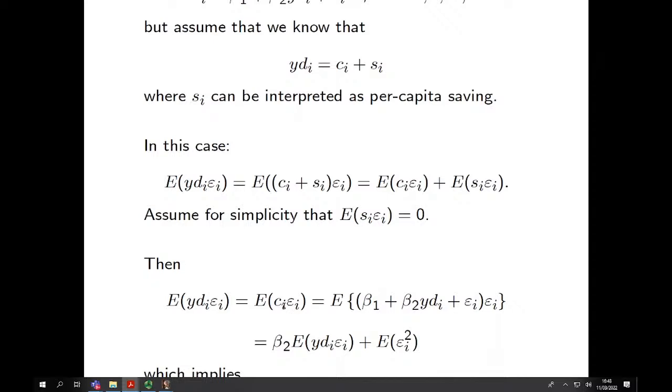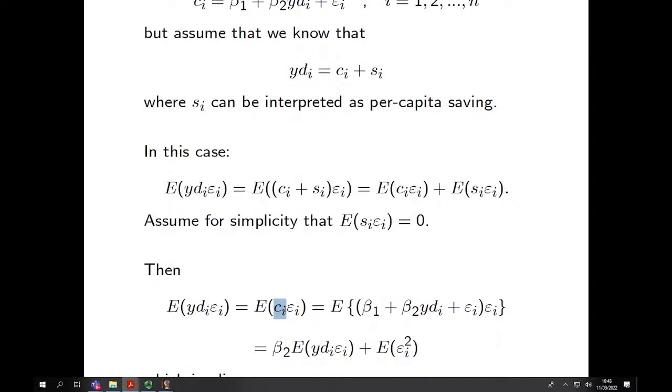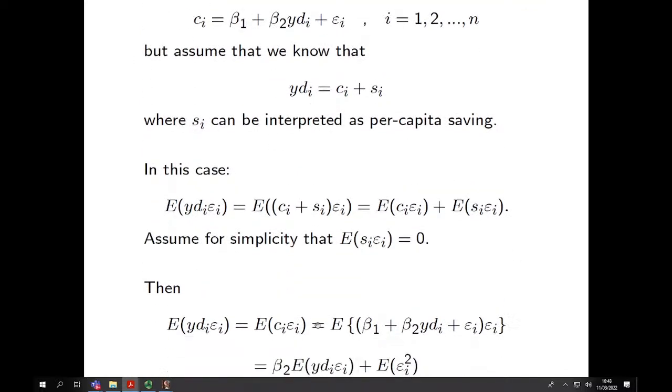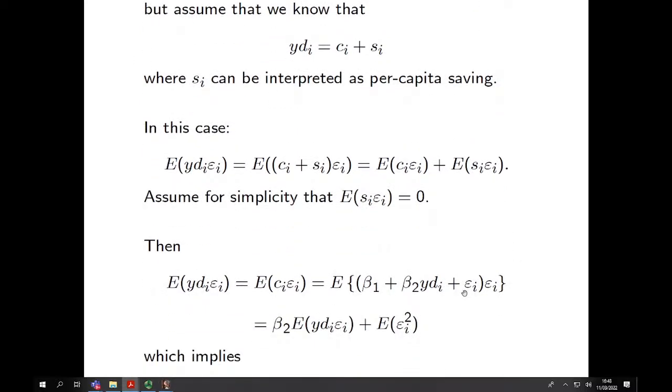And now what should I do to compute this number? I replace C_i with the model. C_i is given by this expression here, so I replace it here, okay? I go on with the computations, and I understand that the expected value of beta 1 times epsilon i is equal to 0. I get this expression.